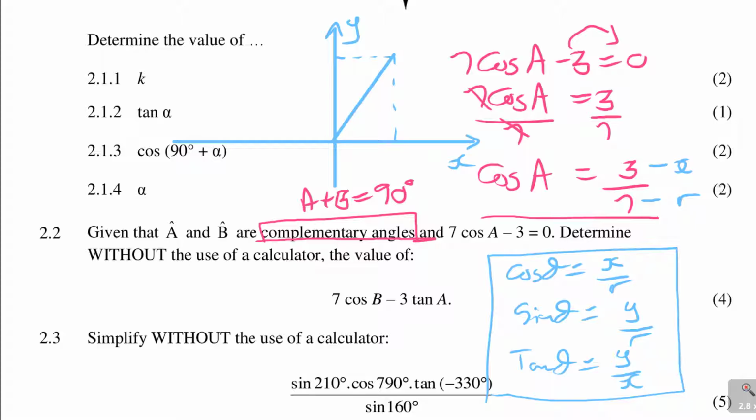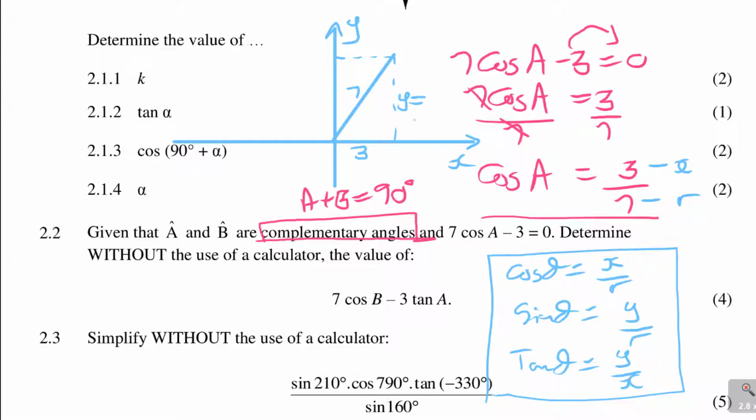Are you seeing that? So which means this x here is my 3, because it's along the x-axis, and the 7 is there. Now I need to find the y, which I can find using the Pythagoras theorem.